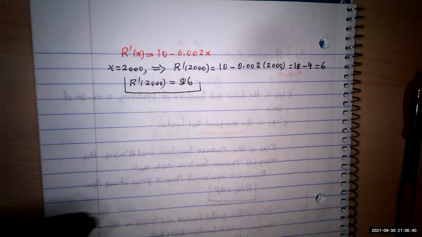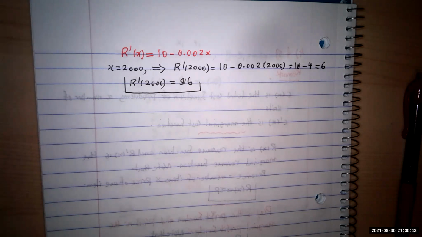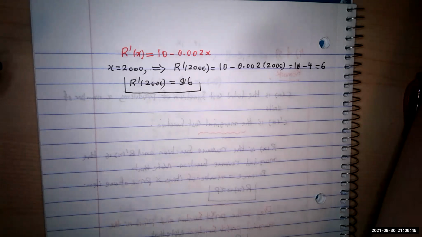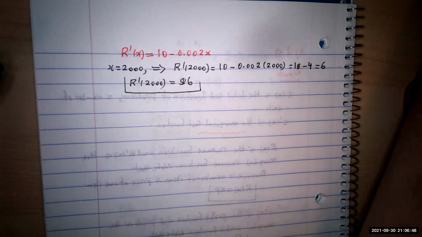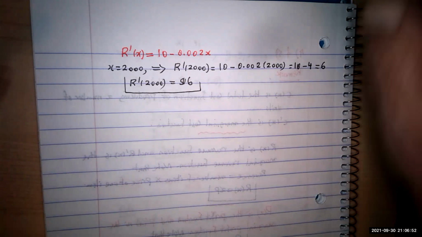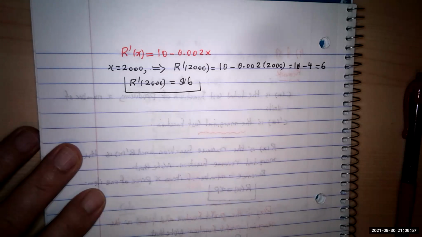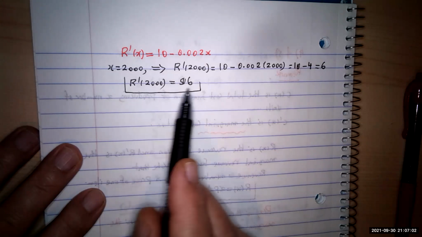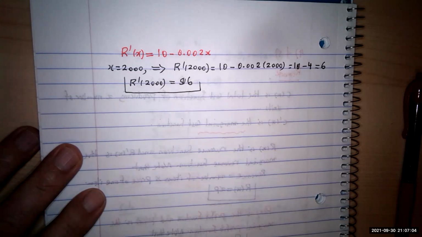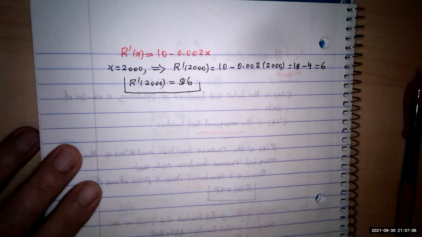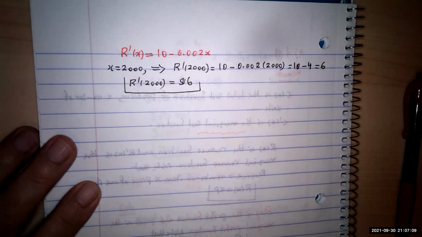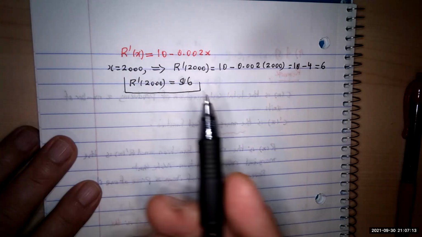We have to give a level of production after selling, manufacturing. After selling 2,000 units, the revenue will be increased at the rate of $6 per unit. So this means after 2,000, your revenue would be increased. For each headphone that you're going to sell, you are going to make $6. Rate of change in your revenue, $6 per unit.